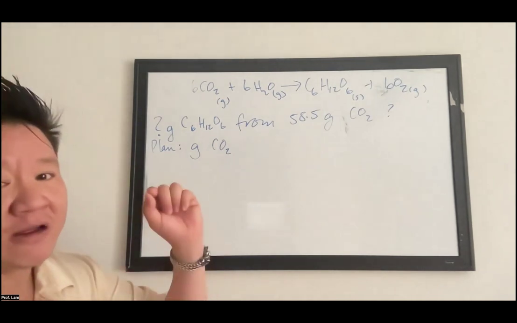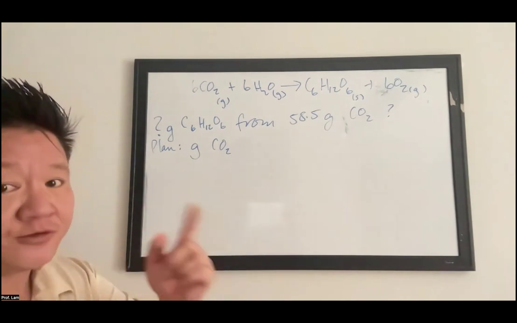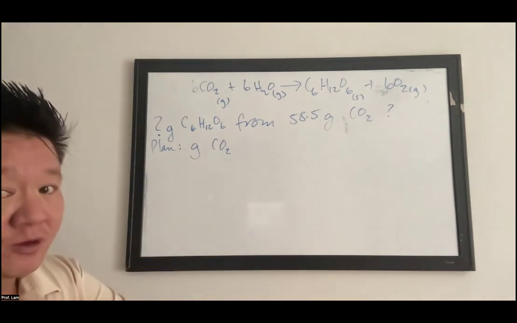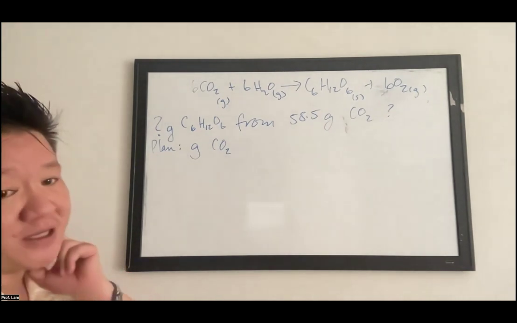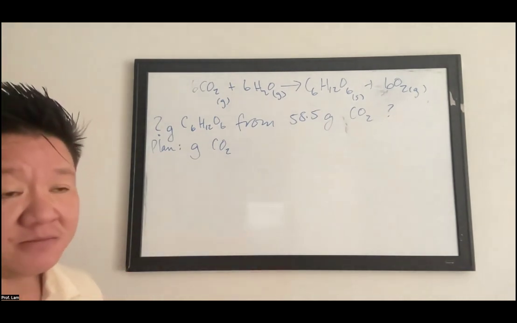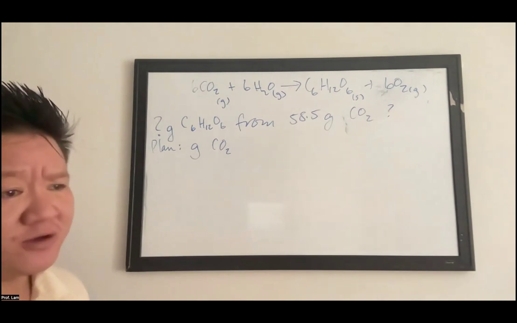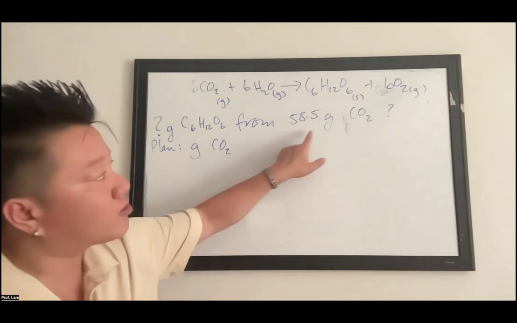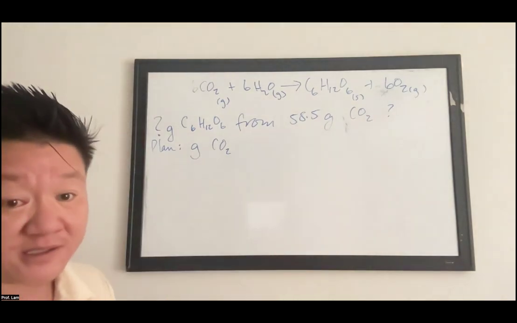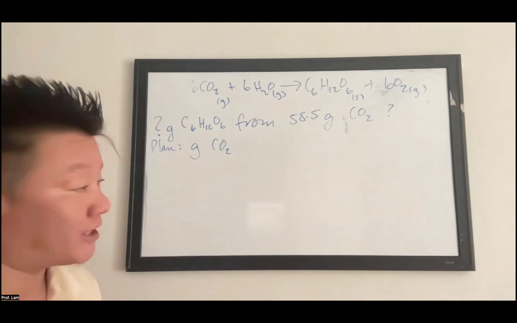Because only when you're at mole can you cross that bridge to the other side from mole A to mole B, okay? A lot of beginning chemistry students ask me, when I'm looking at these long problems, how do I know where to start and where do I go next? Well, you start with what you're given, and where you go next is likely mole, okay?